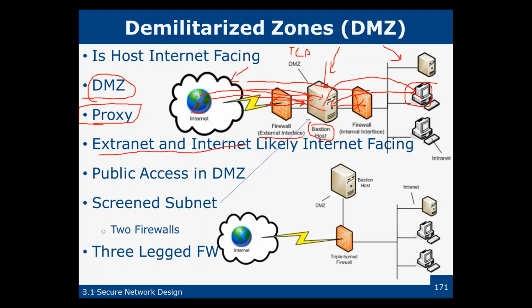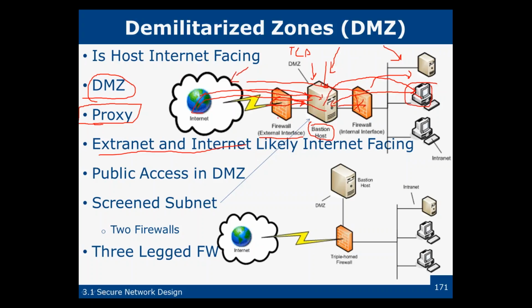Extranet and internet, intranet likely are internet facing. An extranet is going to be probably in the DMZ. One of the things that we want to keep from happening is connections back into our private, our trusted network. Public access to the DMZ can have a screened firewall.